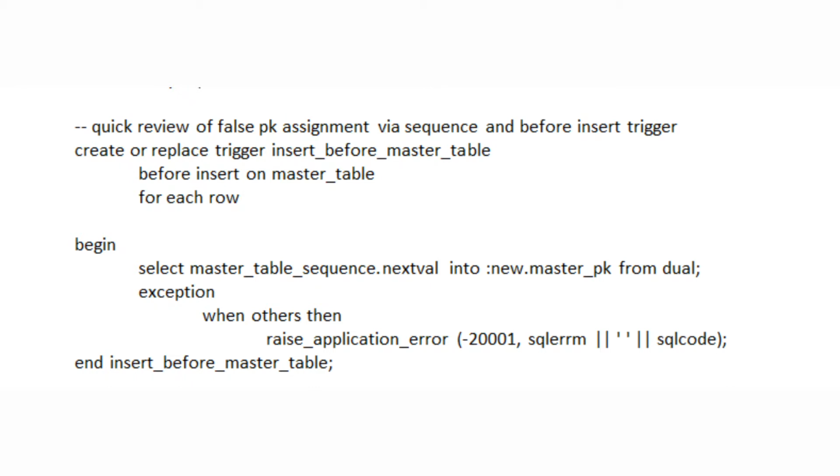All we do is read the next value from our sequencer object into the new master PK field and then pass our new rows over to the Oracle Engine for insertion. To save time, I'm not going to test this trigger on the premise that we proved its worthiness in our last lecture. Let's just assume you did a single row insert with commit.